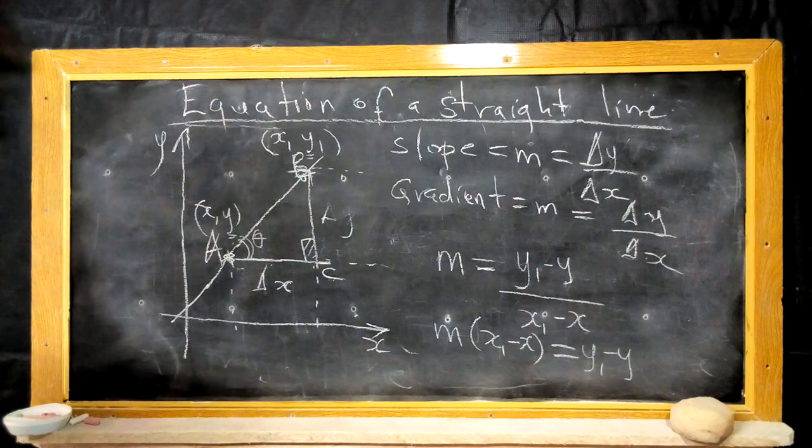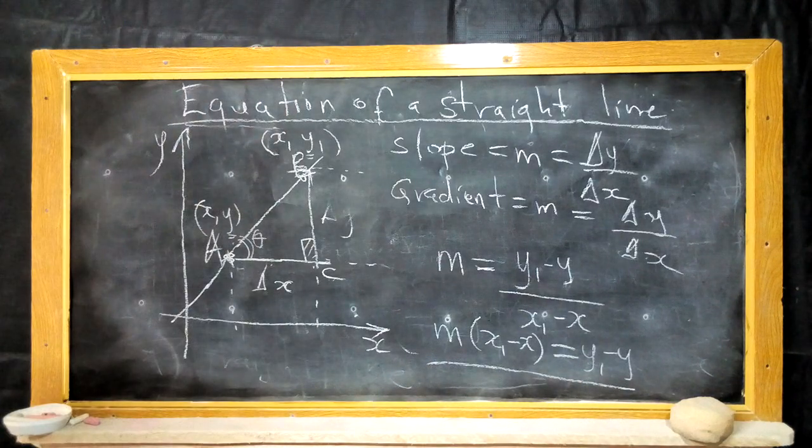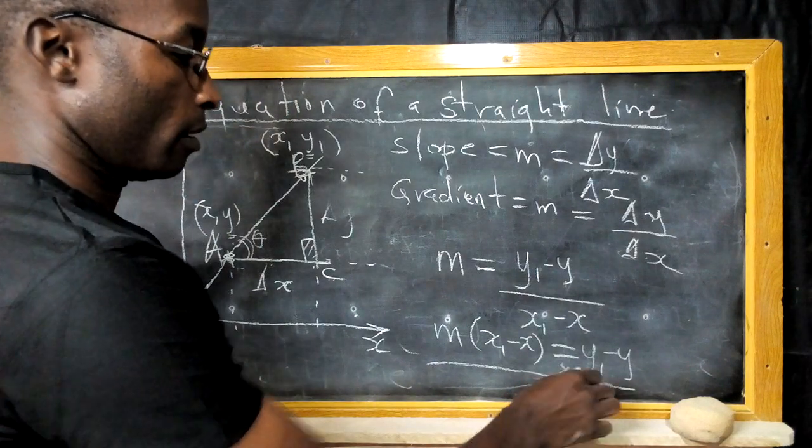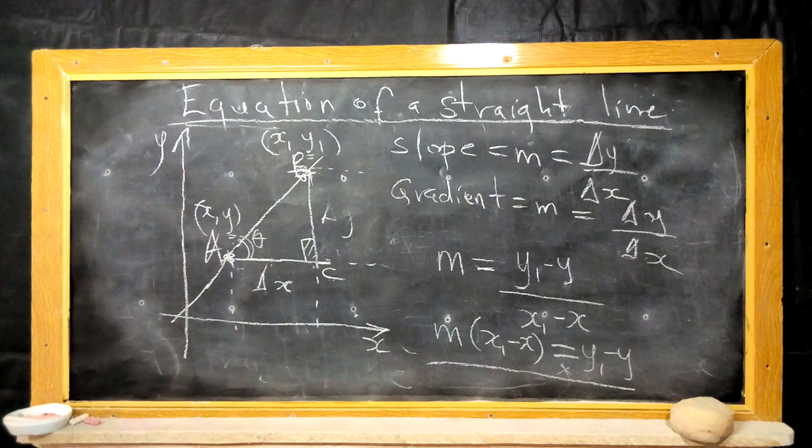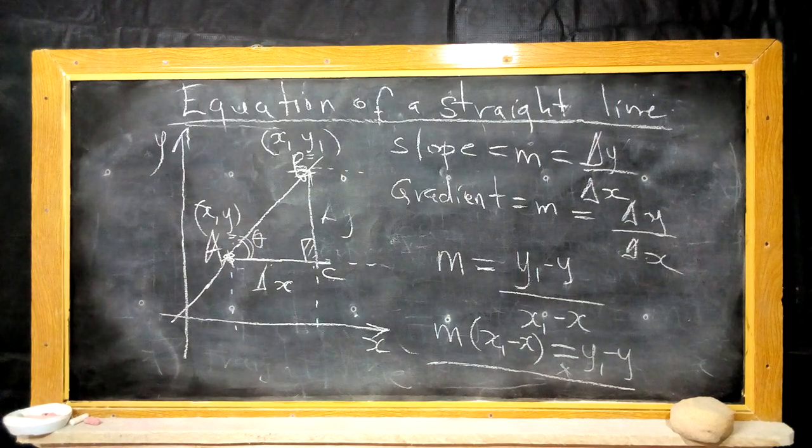So this relationship that we have given, and we talked about the definition of an expression, is an expression that is used, given the coordinates of 2 points A and B, to find the gradient of a straight line.